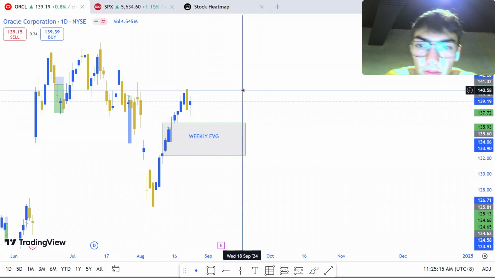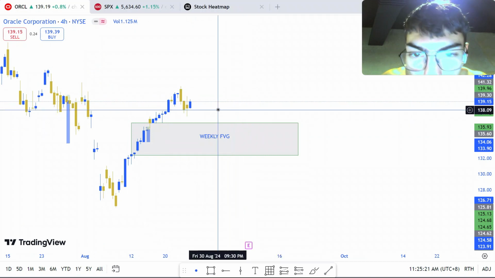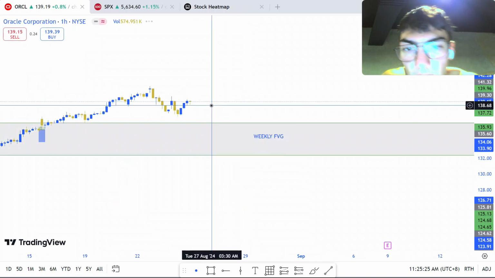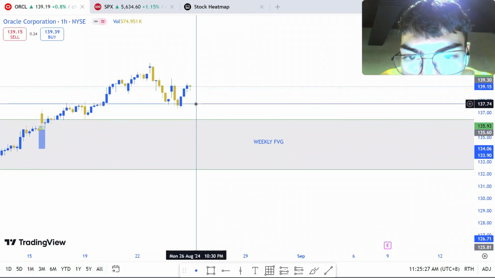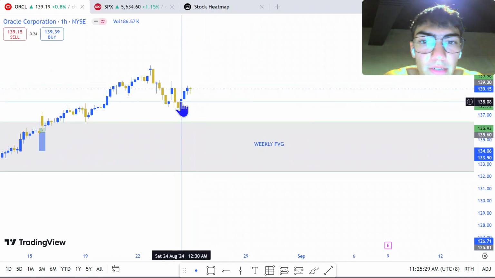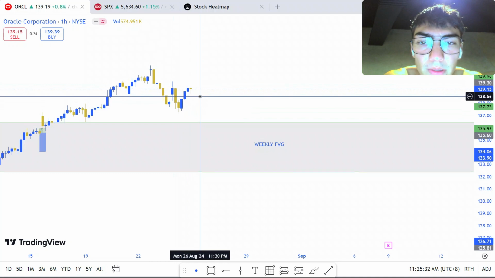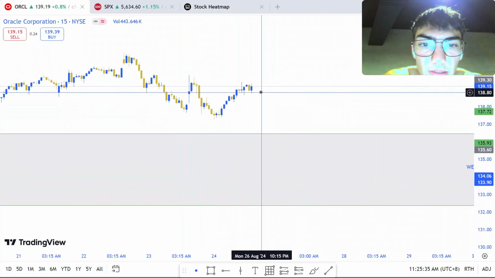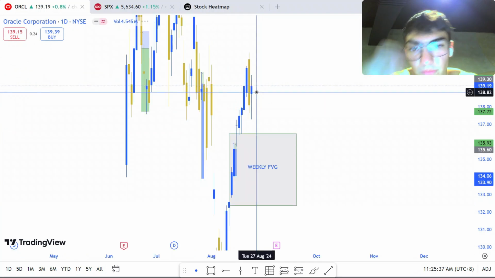But until then, let's see how we can capitalize till the fair value gap. Let's go to the 4 hour. 4 hour break of structure to the downside. That's a good sign. 1 hour break of structure to the downside, but then it retraced up. So I'm not really seeing anything. And then 15-minute is not really doing anything as well.